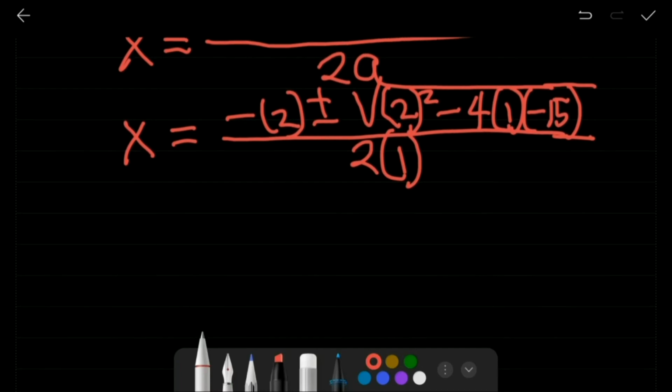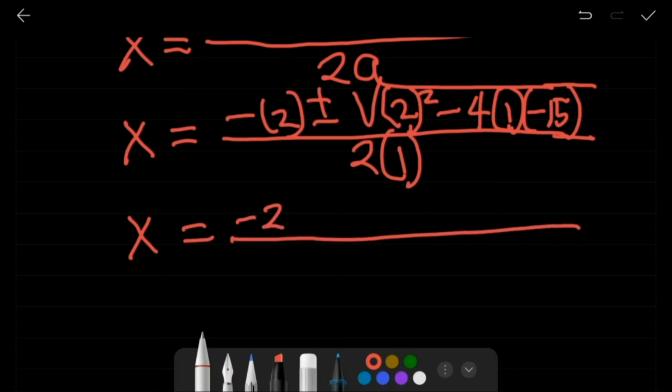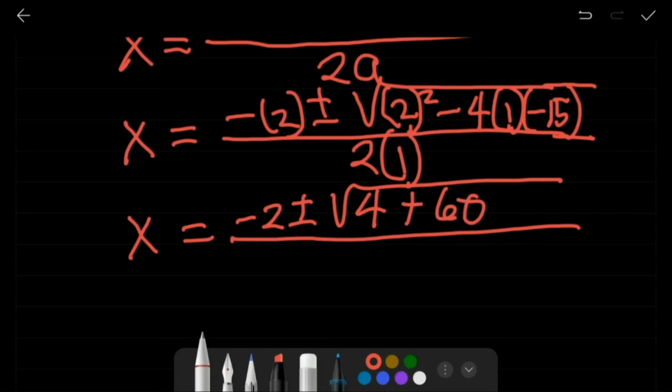Then we will simplify. x equals negative 2 plus or minus 2 squared is 4. Negative 4 times 1 times negative 15 is equal to positive 60, all over 2 times 1 is 2.